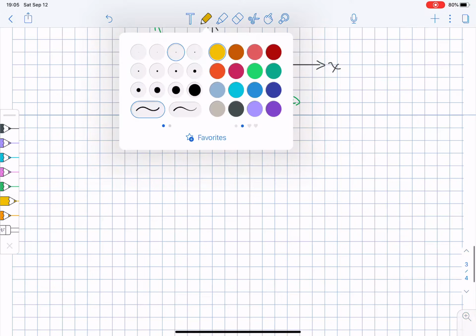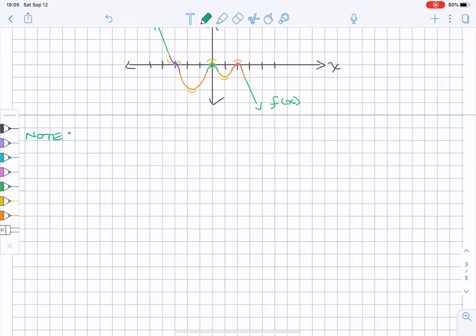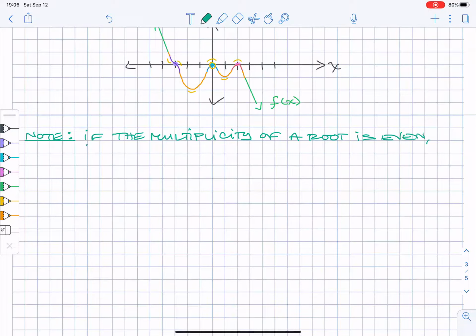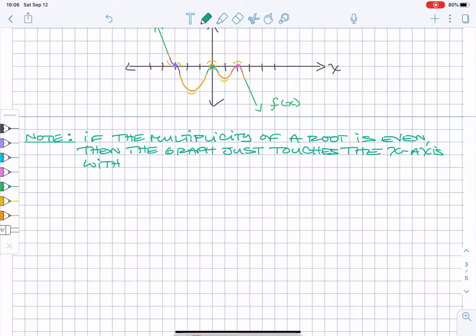Okay, so where was I going to go from here? Let's note: if the multiplicity of a root is even, then the graph just touches the x-axis, with the vertex of its parabolic trajectory.